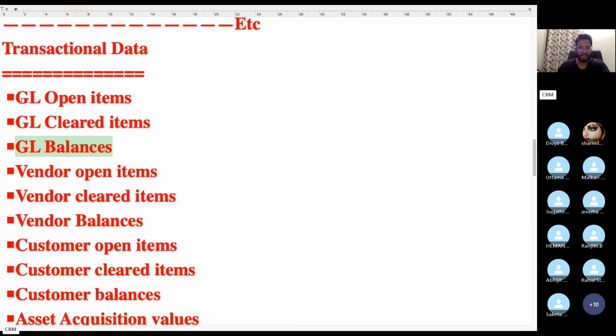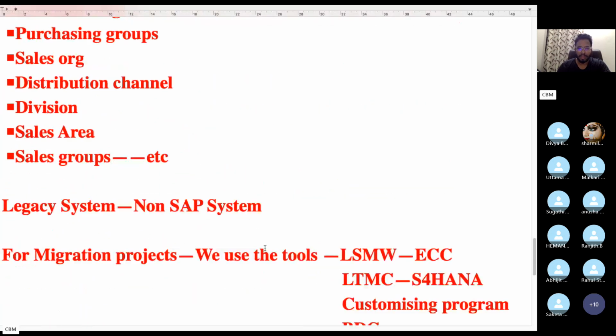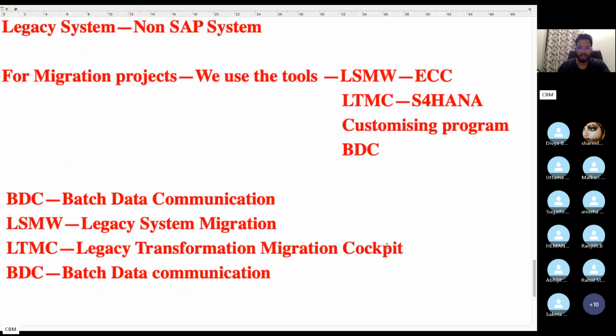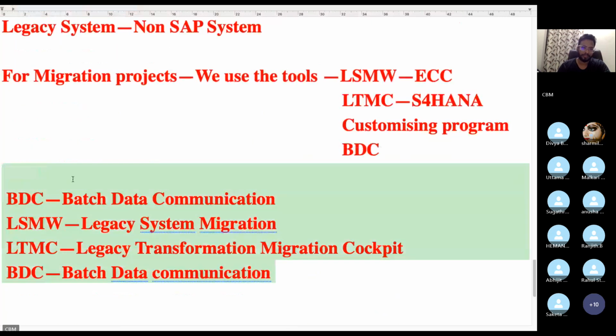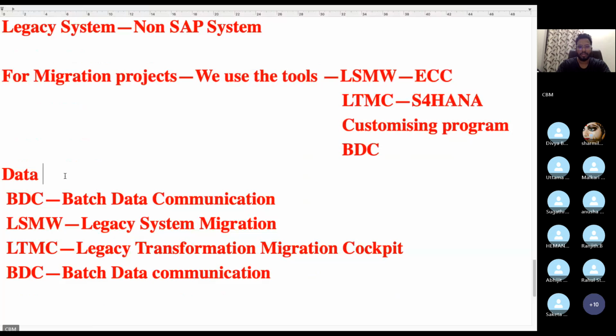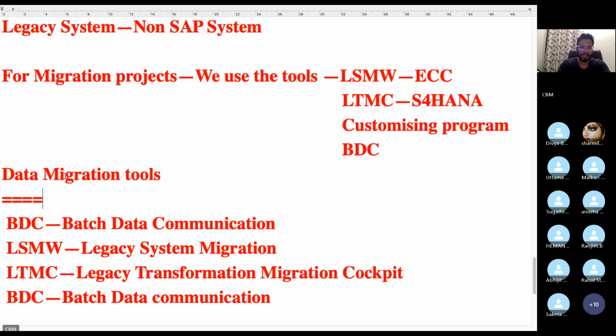Those are all details that should be migrated from non-SAP to SAP. For that, generally, these are the tools that should be used. So tomorrow, if anyone asks you what the data migration tools are, you can tell these things.